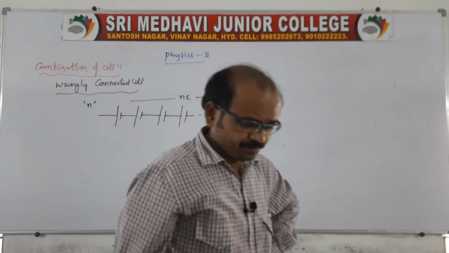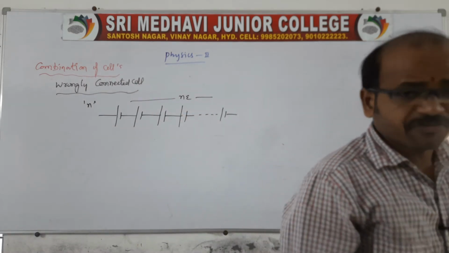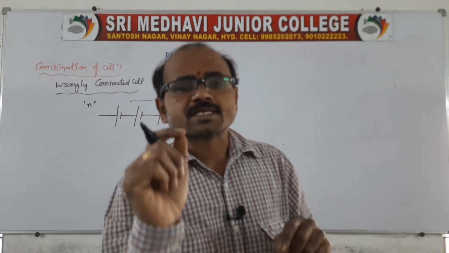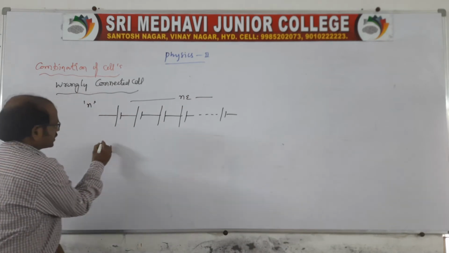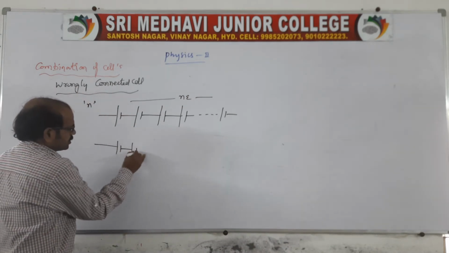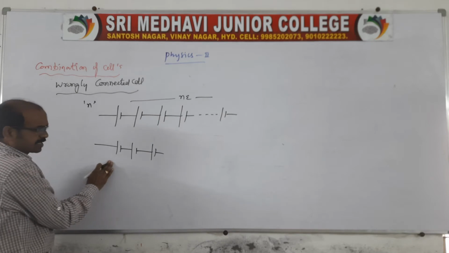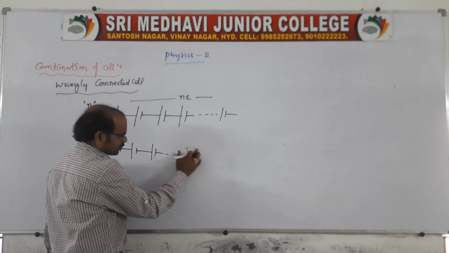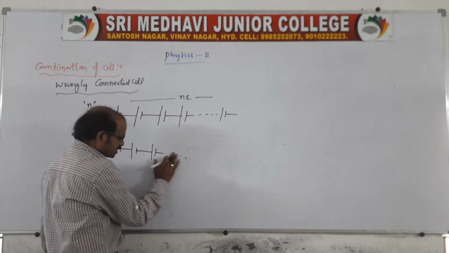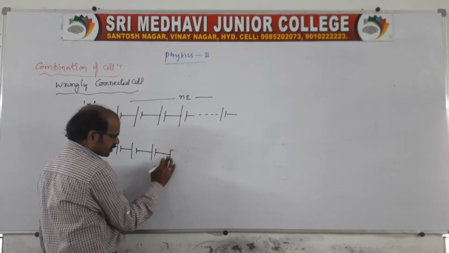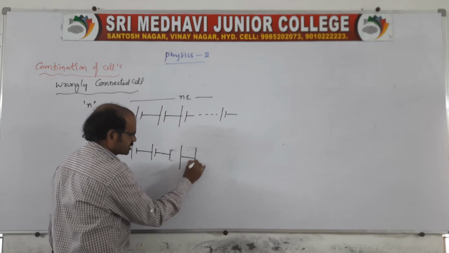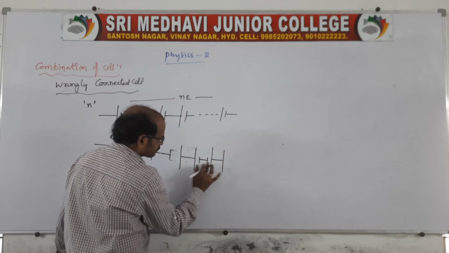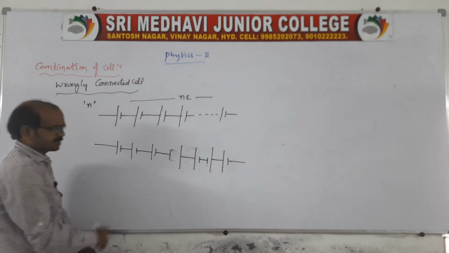Out of n cells, there will be m, small m, number of cells connected wrongly. These are the correct connections. Now say this is negative; now you connect negative again, or positive connected to positive, and then negative, negative, positive, positive, and so on.